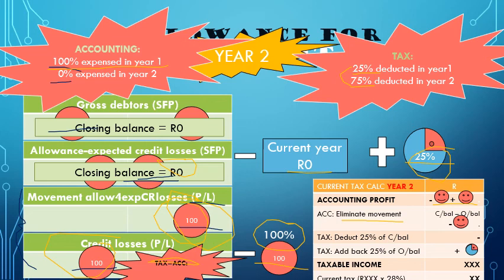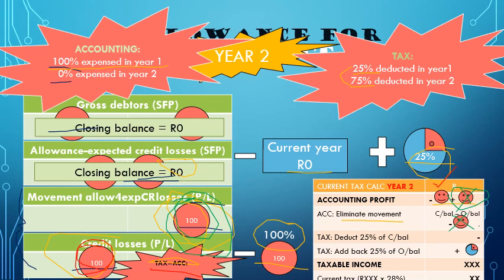This was an income amount of 100 Rand. There's our income amount of 100 Rand. We now eliminate that. Okay. And again, we can leave the 100% deduction for our actual credit loss, because there we said that the tax and the accounting is the same.